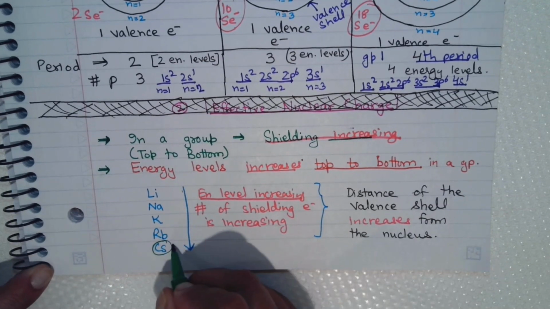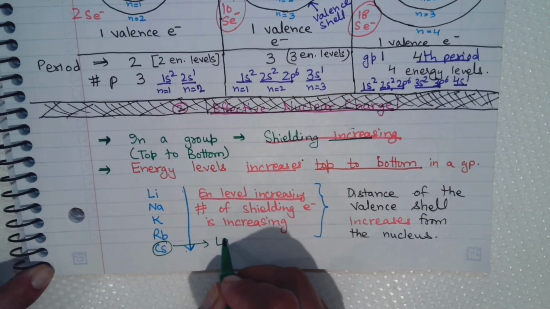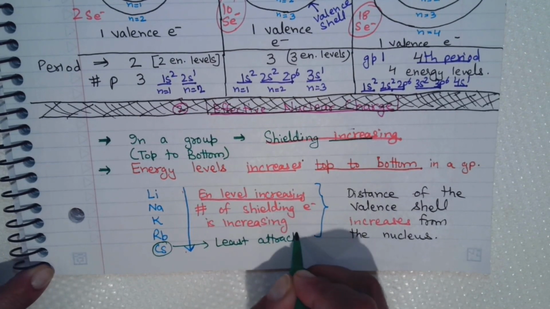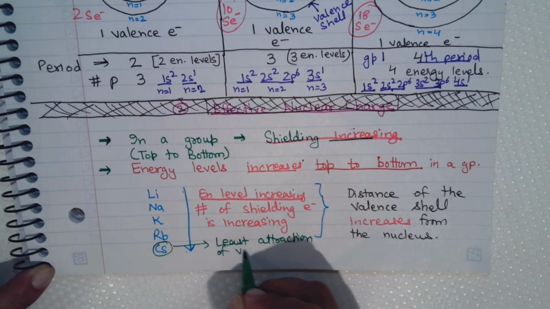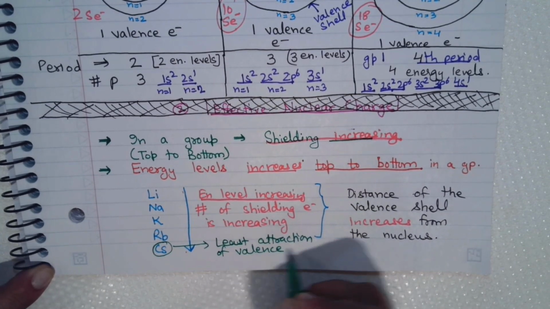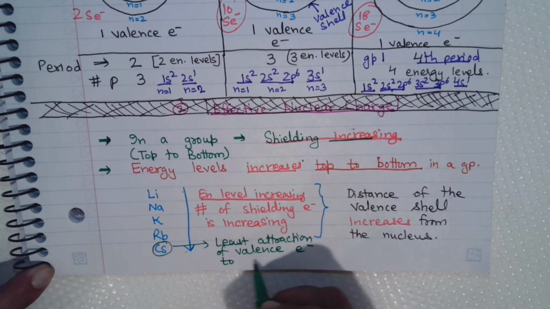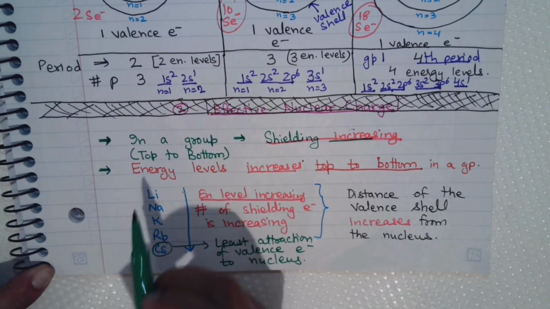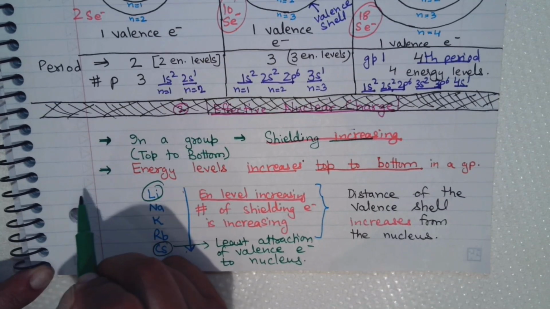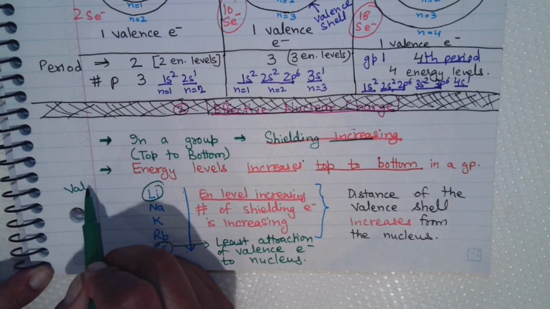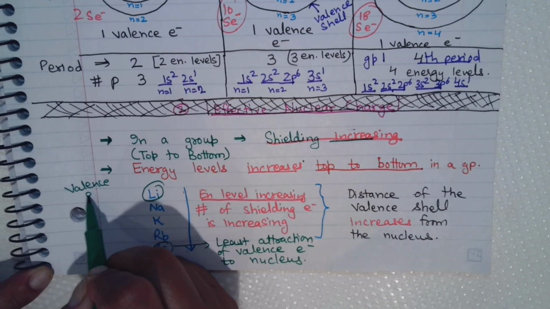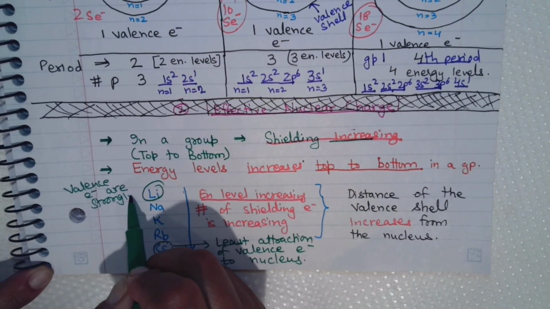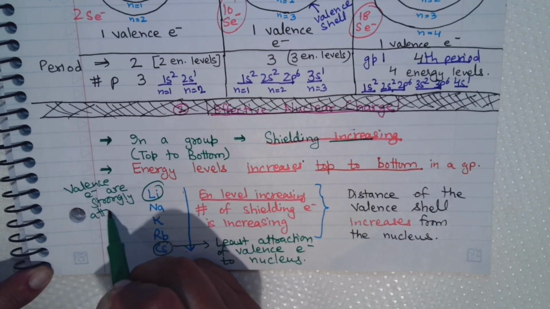So in cesium, there is the least attraction of valence electrons to the nucleus. In lithium, the valence electrons are strongly attracted to the nucleus.